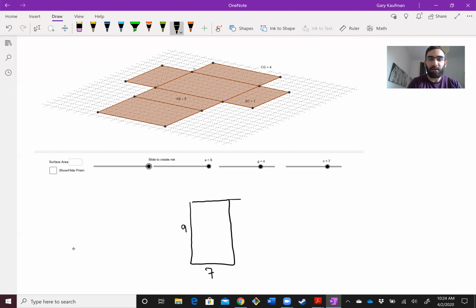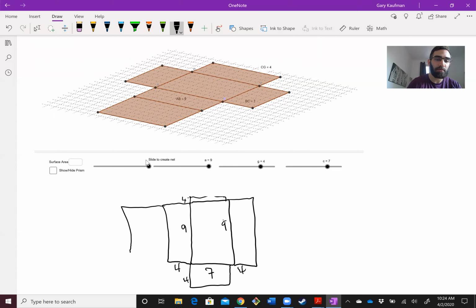And then the sides folded down, which had a height of 4, but it's still a length of 9. They then had also the sides folded down, which also had a length of 4. And last but not least, we had the matching base, which had a height of 7.